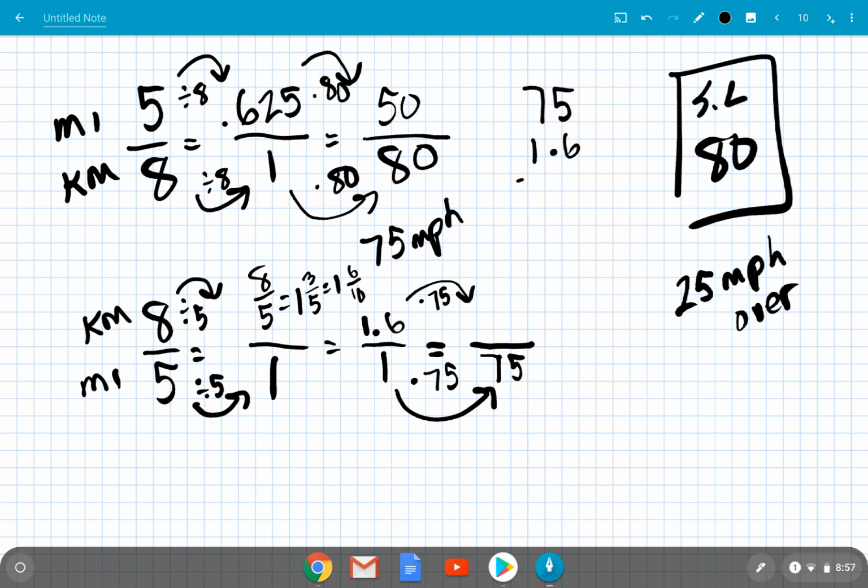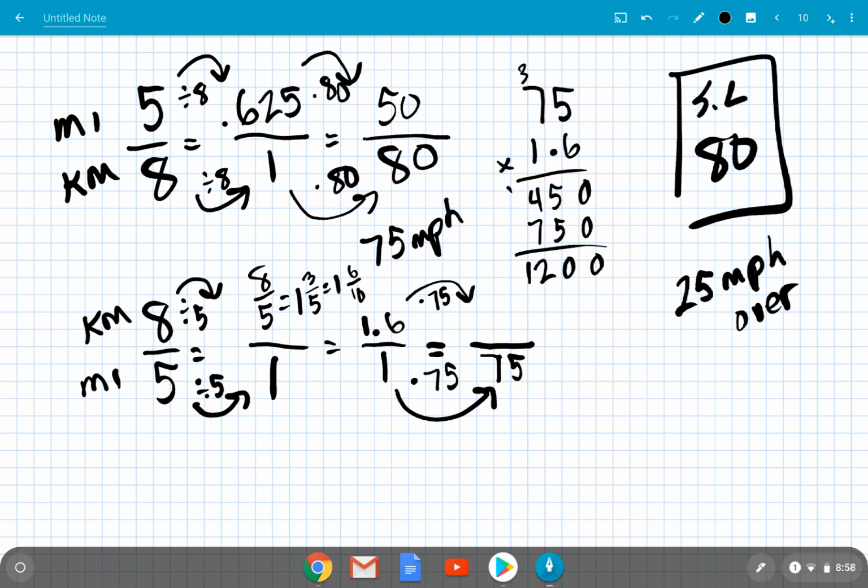1 6/10 times 75. That's 30. 42 and 3 is 45. I've got a placeholder, and then this is just 75 times 1, which is 75. So nothing, 10, it's 11, and 1 more is 12.